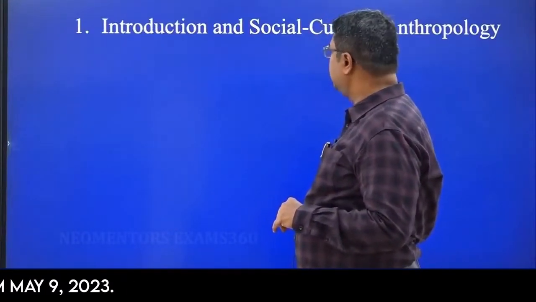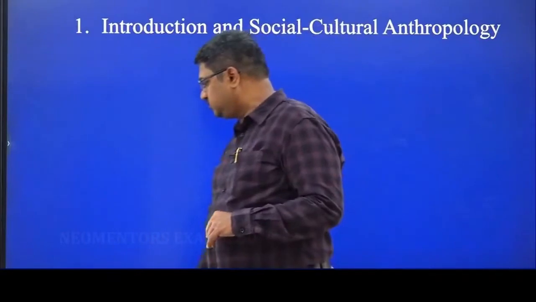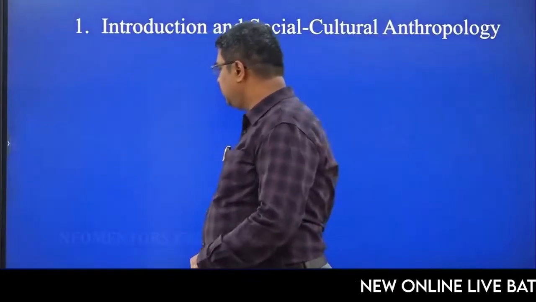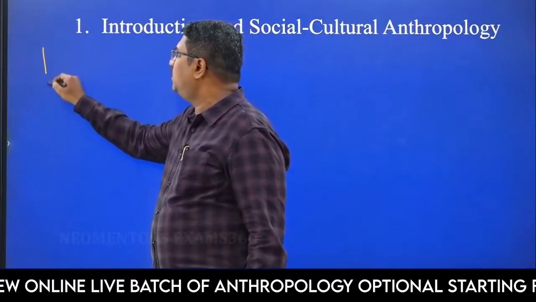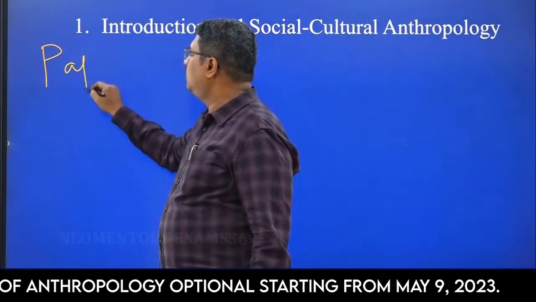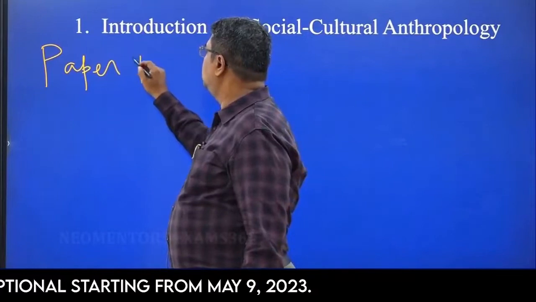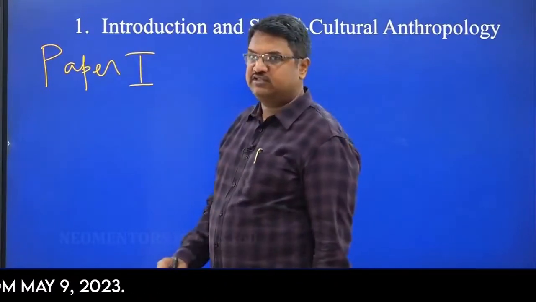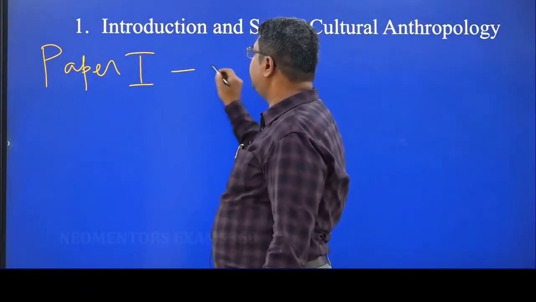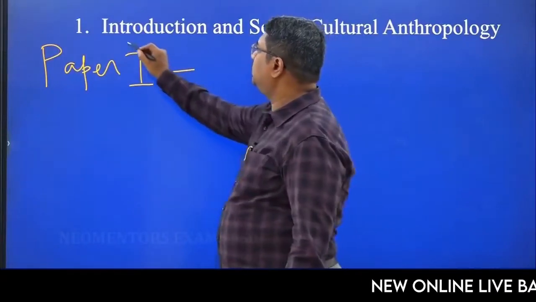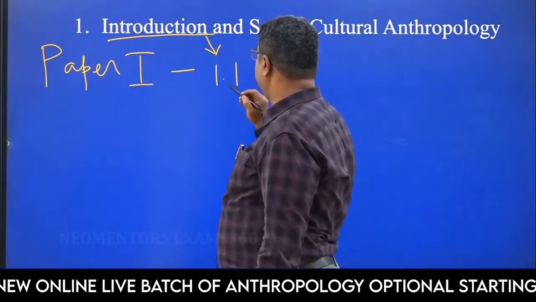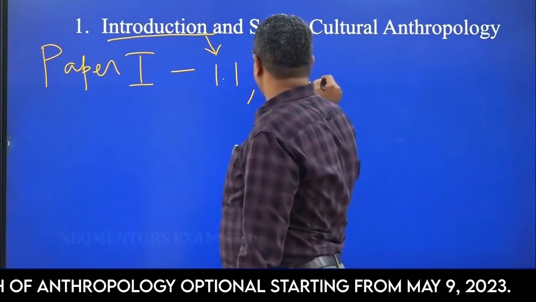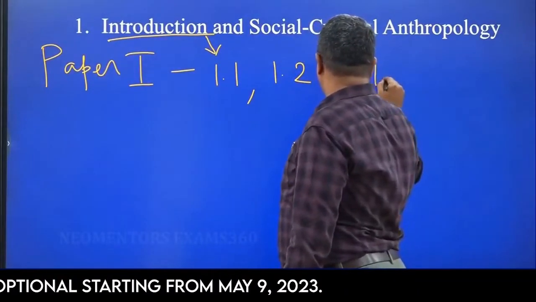Now coming to the introduction and social cultural anthropology part. What we will have here is predominantly from paper 1 the chapters which are dealt with in detail. For example, the introduction part is covered in chapters 1.1, 1.2 and 1.3.